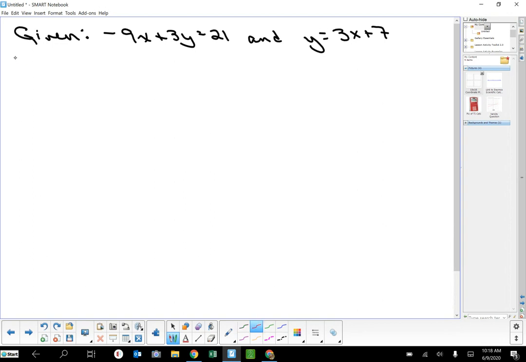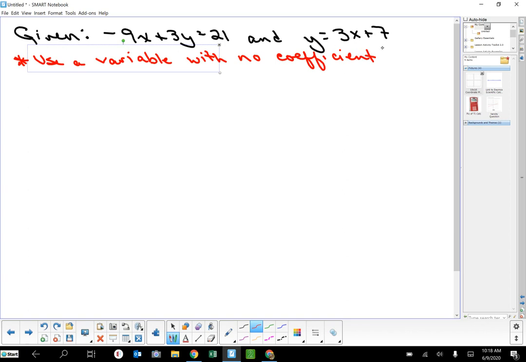But your goal is to look for any variable that's already by itself, because if you can find a variable that has no coefficient, you can stay away from fractions. So that's what this allows you to do.